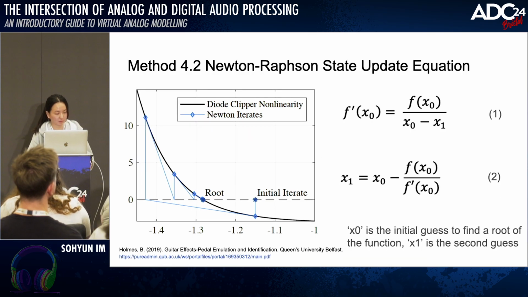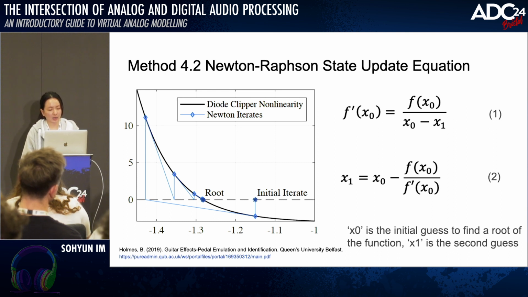And also we need a state update equation for Newton-Raphson. Here, if x0 is our initial guess for VD, and x1 is our next guess, we assume our first guess has failed, and you can set up equation 1 for expressing the slope of the original function.